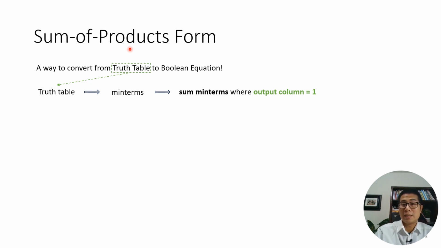They don't say sum of min terms, because you may then sum all of them. We just say sum of products, which only sums the min terms where the output equals 1.